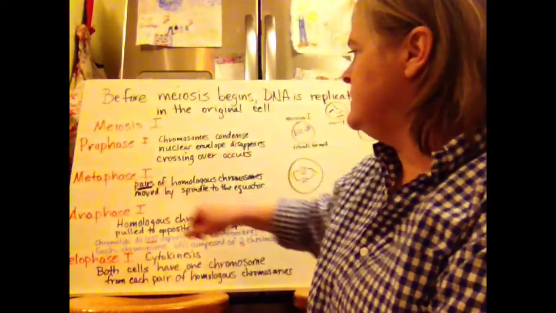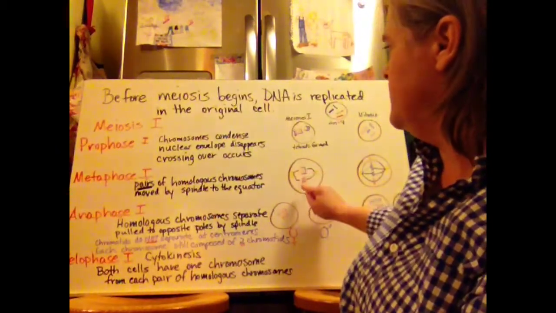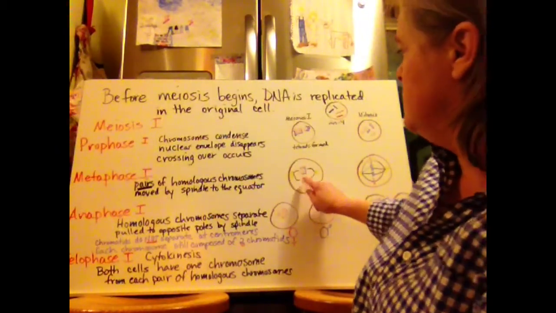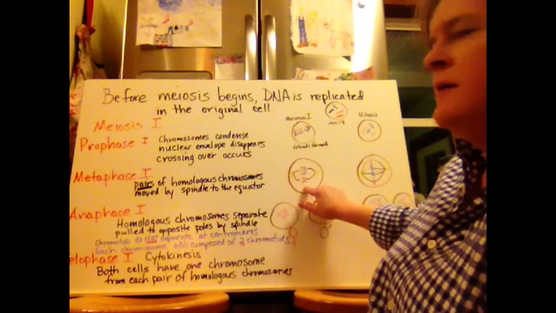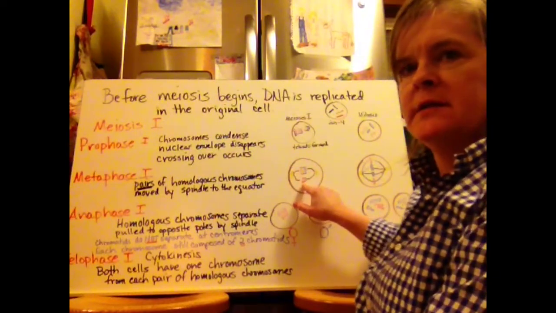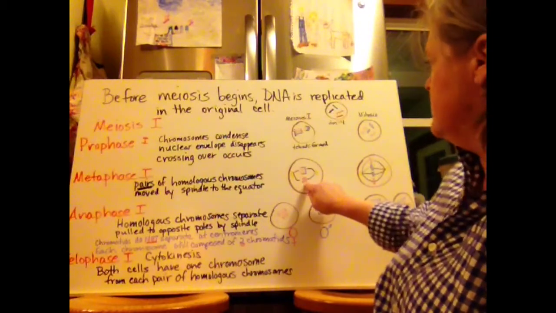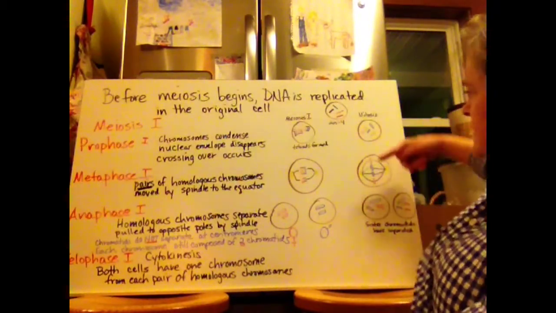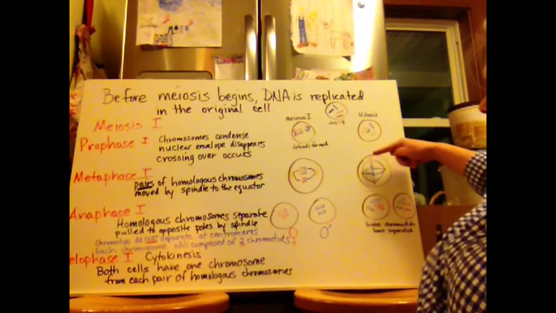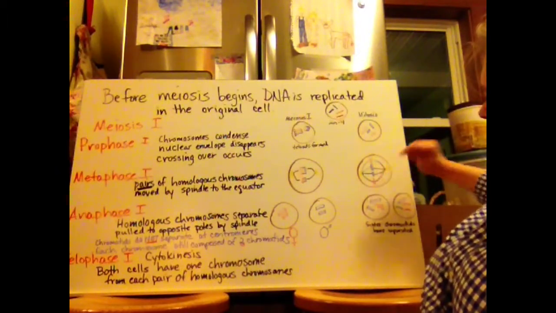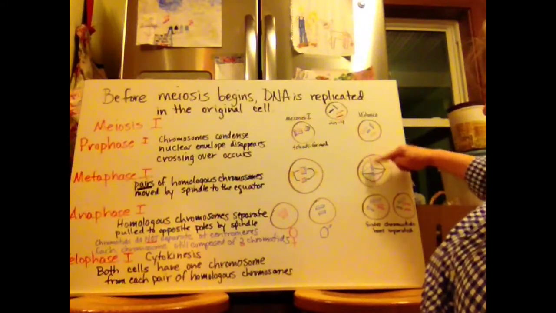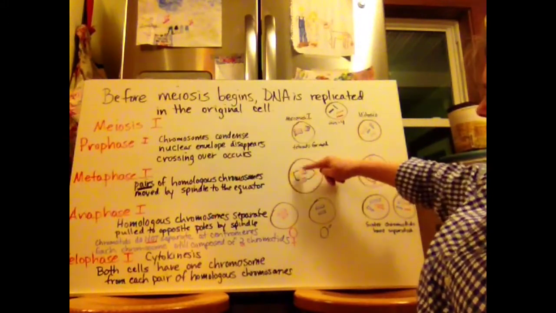In metaphase, again, pairs of homologous chromosomes are going to move to the equator, and they're attached to the spindle. This is meiosis 1. You can tell because there are tetrads. In mitosis, you can see that the homologous chromosomes are separated out, and you have 4 along the equator rather than just the 2.